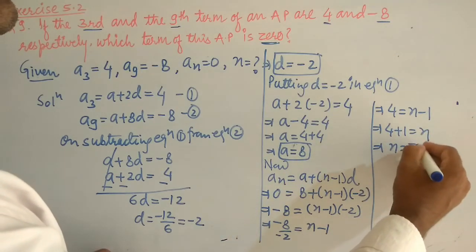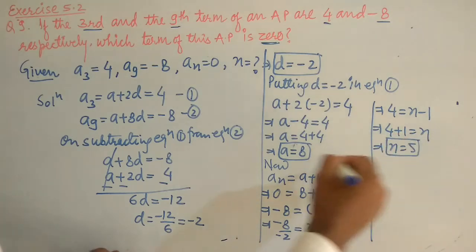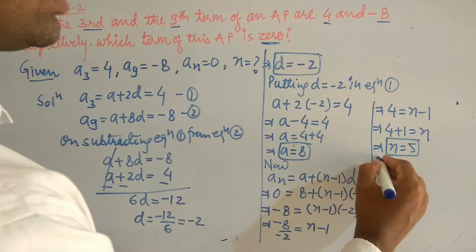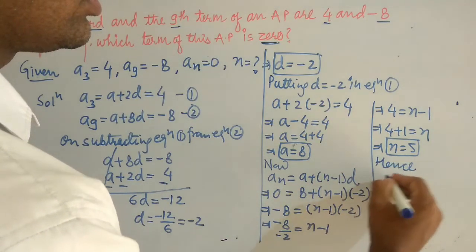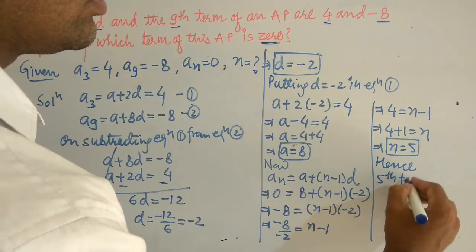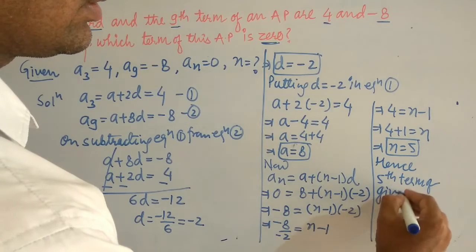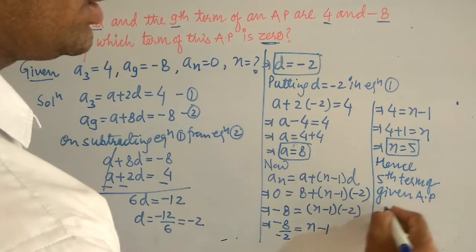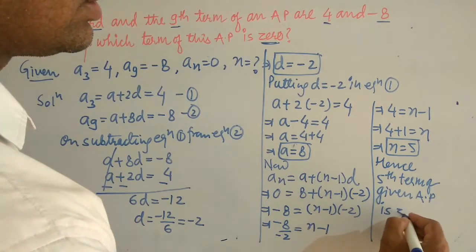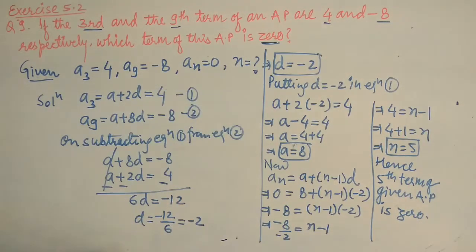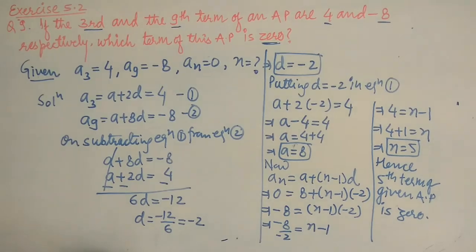So n is equal to 5. So what we conclude? The fifth term of this AP is 0. Hence the fifth term of the given AP is 0. That we have to find out here.